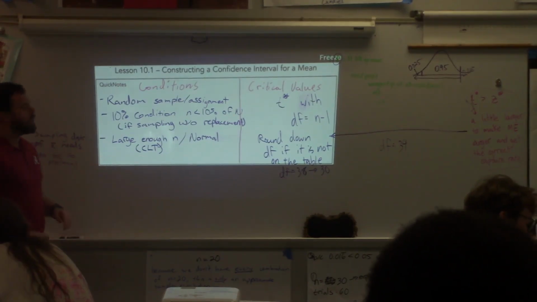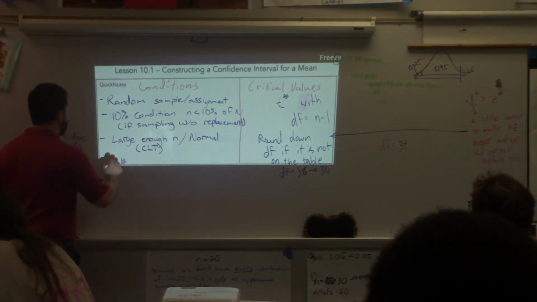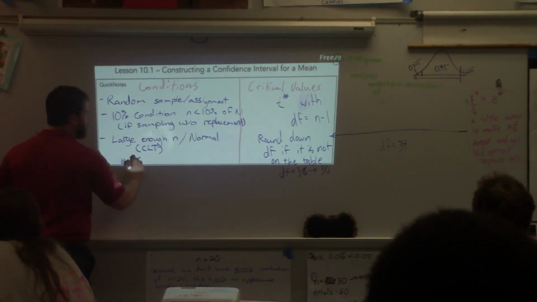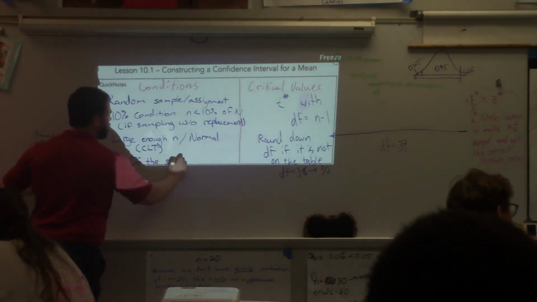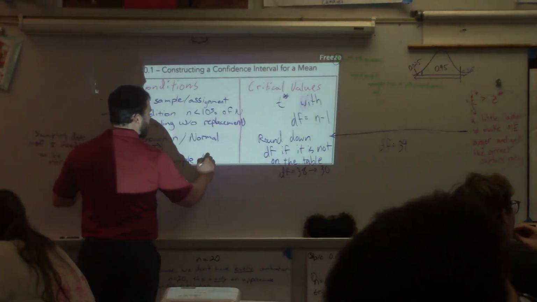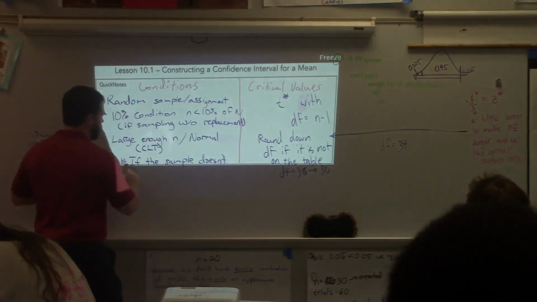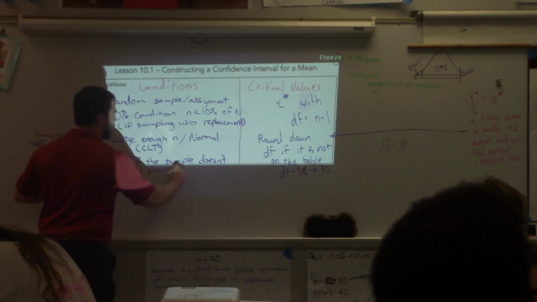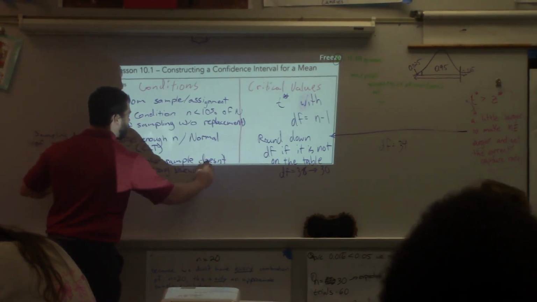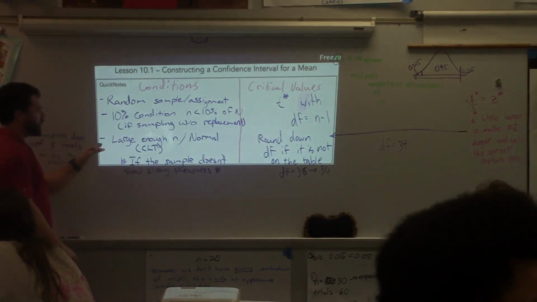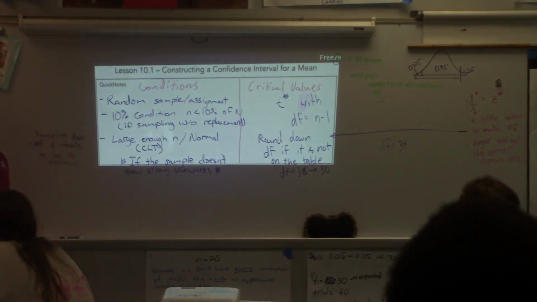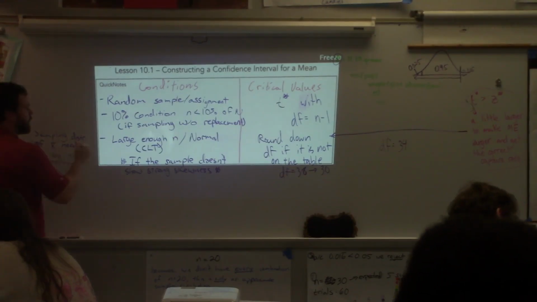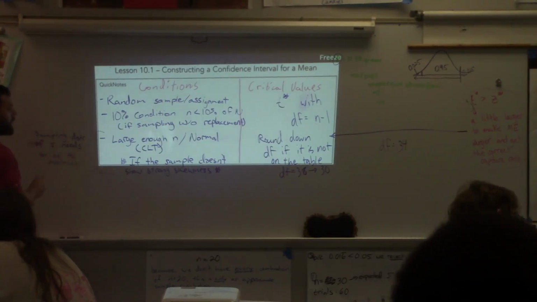No. The last thing that works here for this large or normal condition is: if the sample doesn't show strong skewness, then you can also assume normality. So this large enough or normal condition can also be satisfied this way.